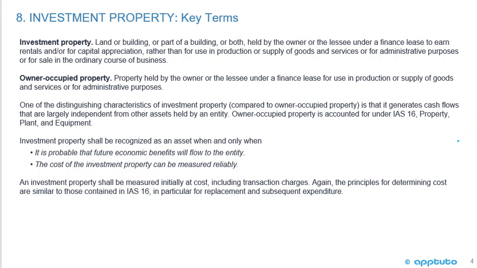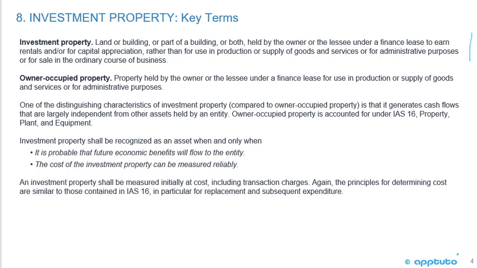Investment property is land or building or part of a building or both held by the owner or the lessee under a finance lease to earn rentals and/or for capital appreciation rather than to use in production or supply of goods and services or for administrative purposes or for sale in the ordinary course of business. So that's the definition of investment property.